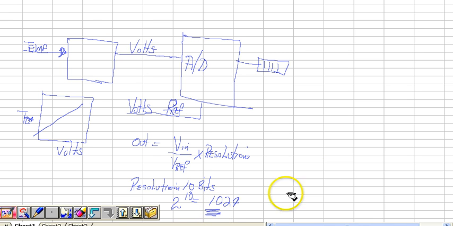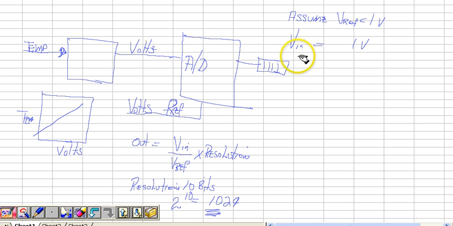Let's assume that Vref equals 1 volt. Let's assume that Vin equals 1 volt.